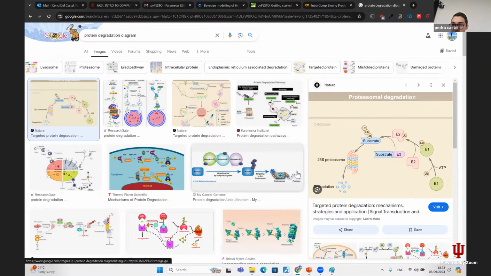So here we have our substrate. Our substrate is connected to an E3, and via an E2, it gets an ubiquitin. And if it has an ubiquitin, it is then degraded via the proteasome.